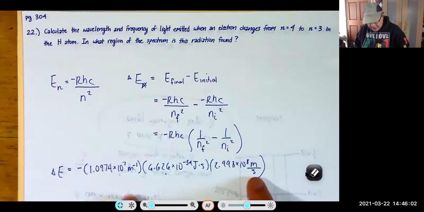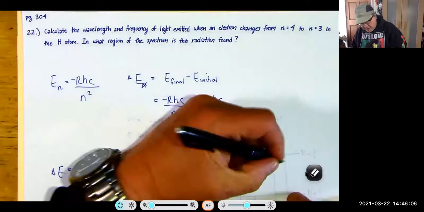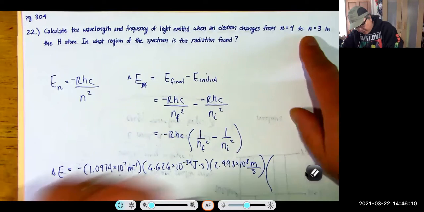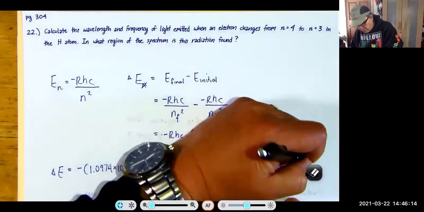So these meters cancel, these seconds cancel, and we'll be left with joules. The final state, we go from 4 to 3, so we're going to have 1 over 3 squared minus 1 over 4 squared.